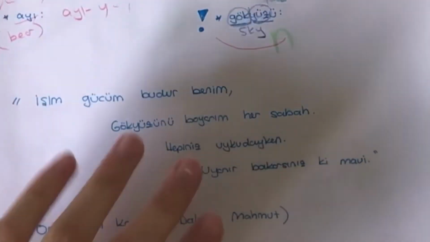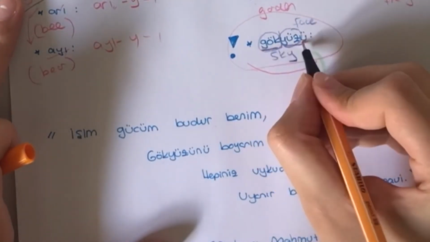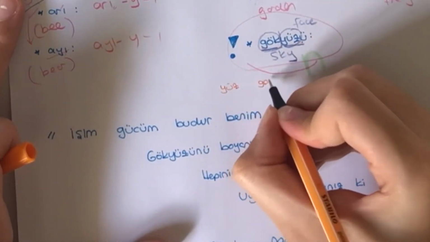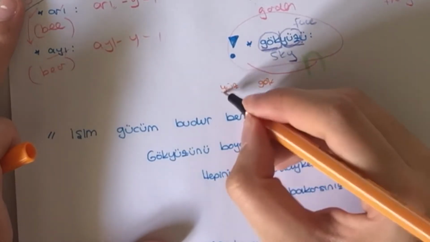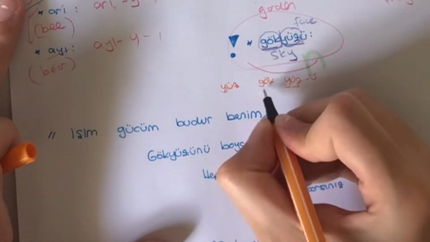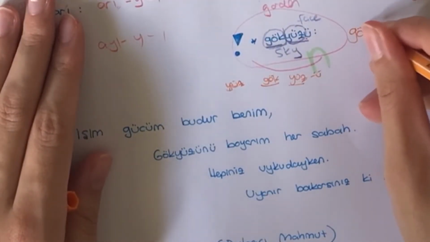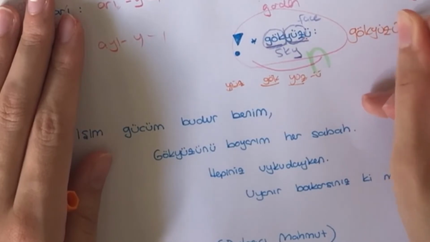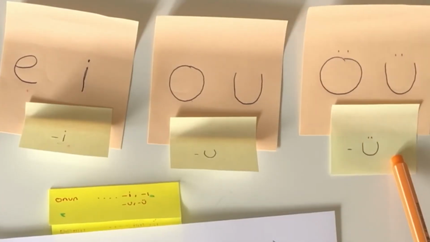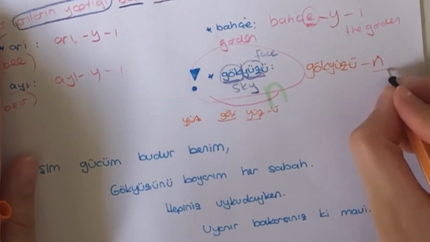And the reason is, gökyüzü means the sky, but actually literally means the face of gök. So gökyüzü, I write it, and I notice that it ends with a vowel. I go to ü, and I see it gets ü, and I say gökyüzü, but I use N in between.